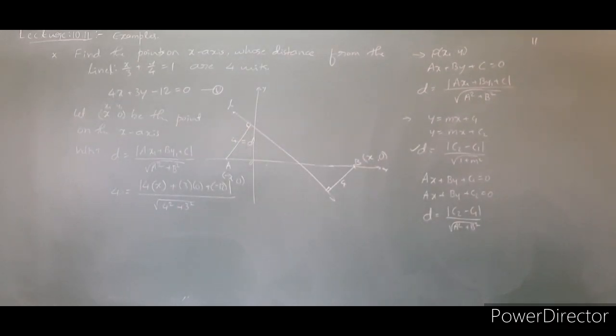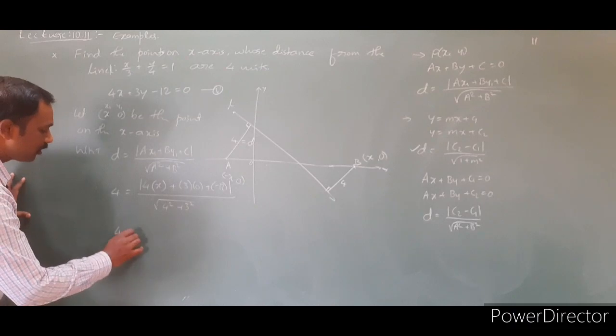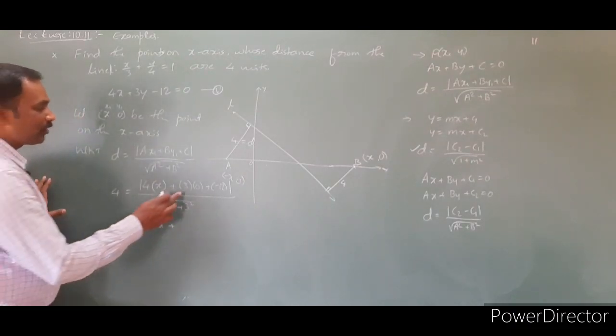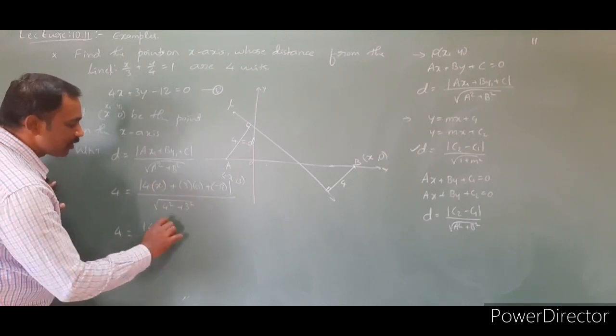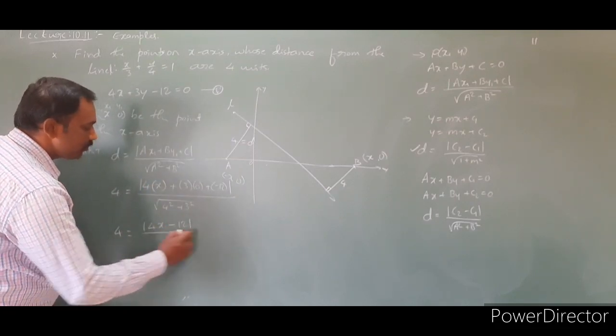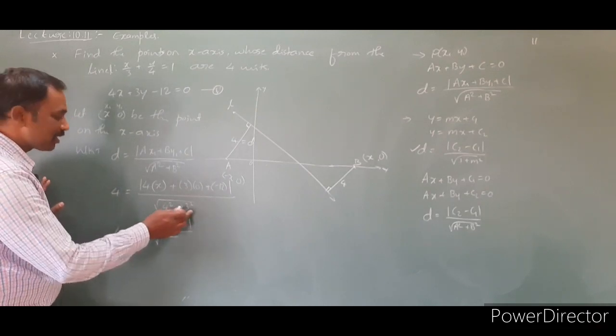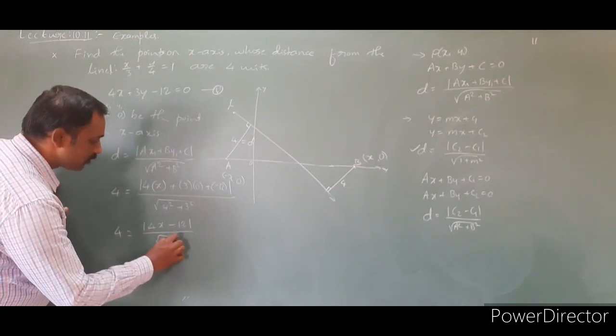Now how to evaluate this result? Evaluating this, I write 4 is equal to 4 into x, the x value only we need to find, 3 into 0 is 0, minus 12, whole thing divided by root of 4 square plus 3 square. 16 plus 9 is 25.